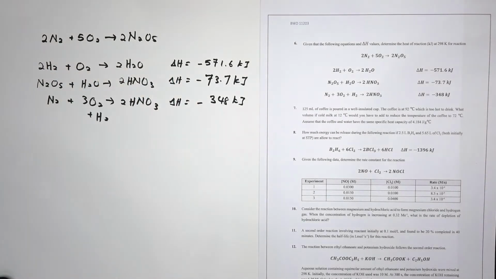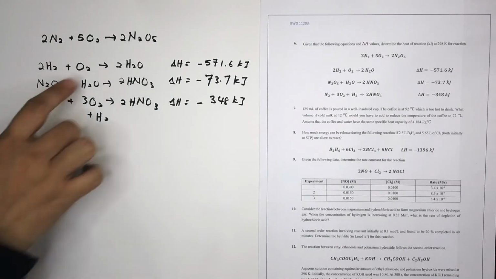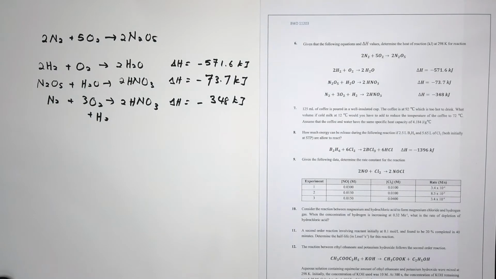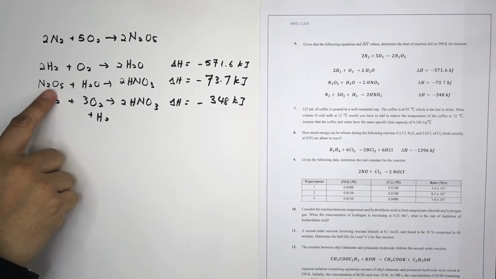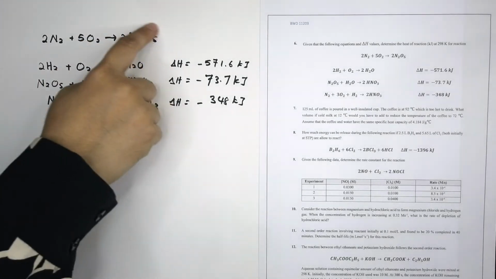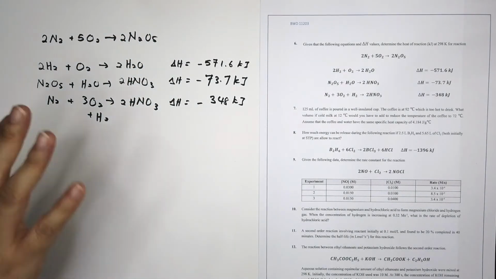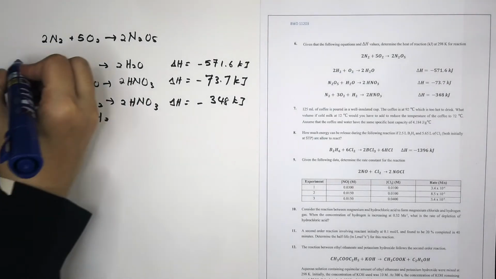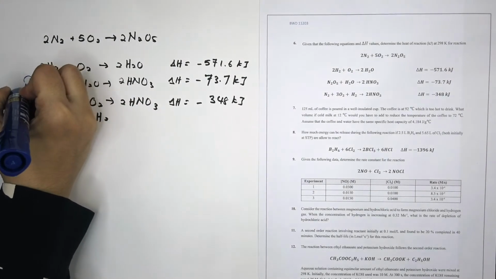So now you need to look at the position of things here. For the first one, we do need this oxygen, so we may leave it that way, but we're going to check the one after this. The next one, we have N2O5, H2O, and HNO3. So definitely we need the N2O5 to be at the product, so this one needs to be shifted.